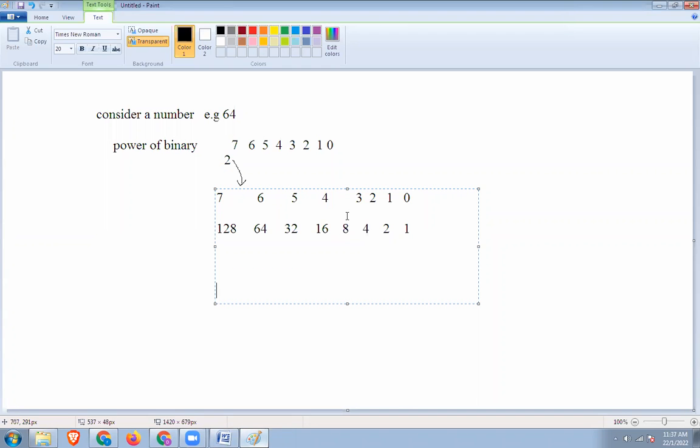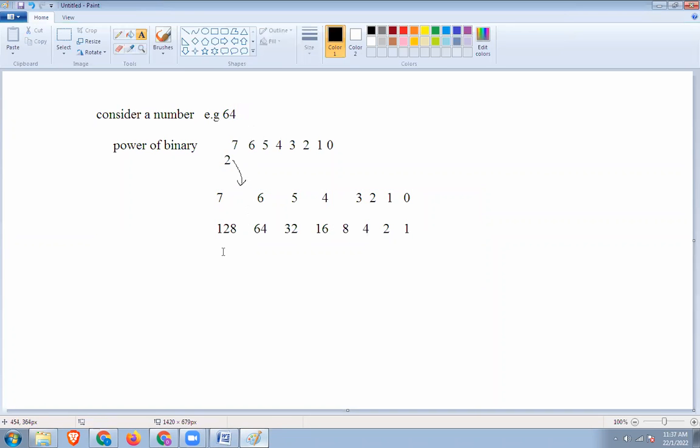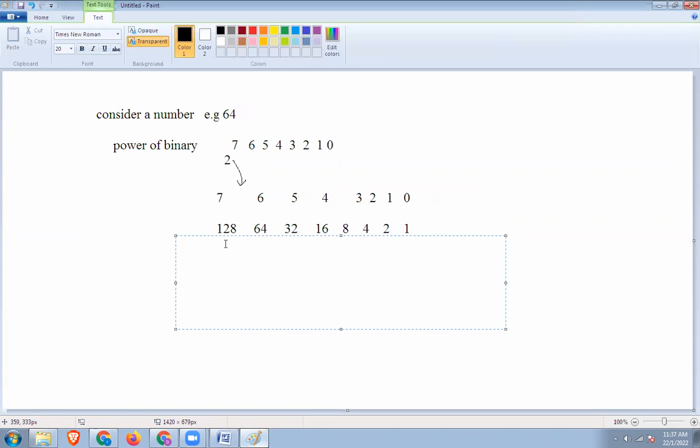Now if I want to write 64, so that's why here I am placing these bits. At 128 it is 0, at 64 it is 1 because 64 is present. Similarly 32 is 0, 16 is 0, 8 is 0, 4 is 0, 2 is 0 and 1 is 0.